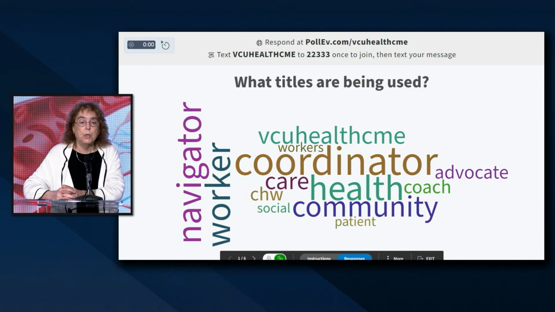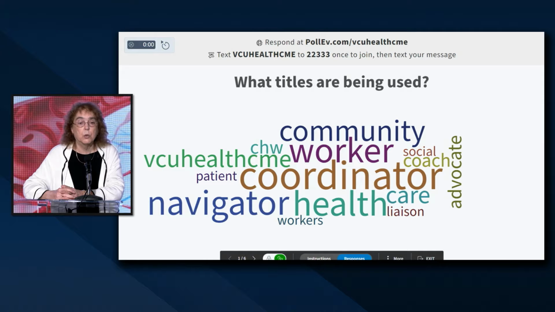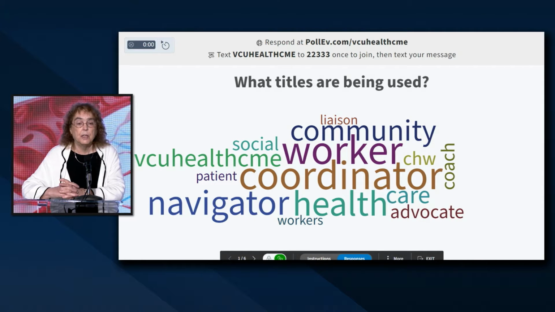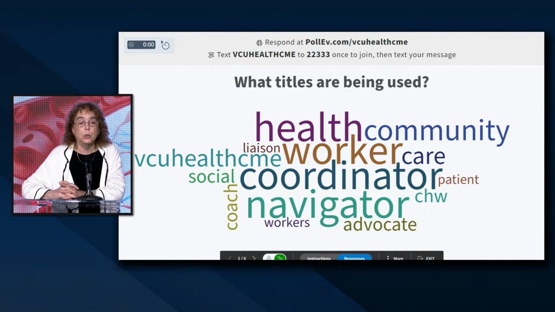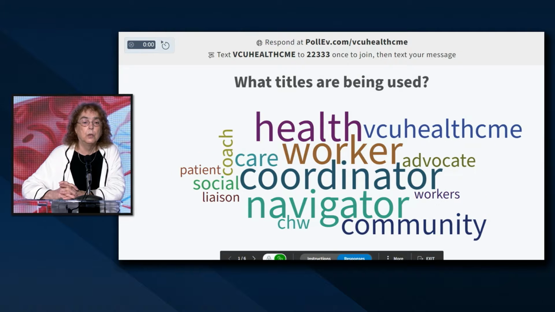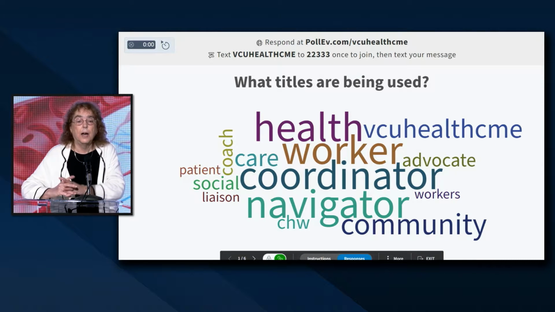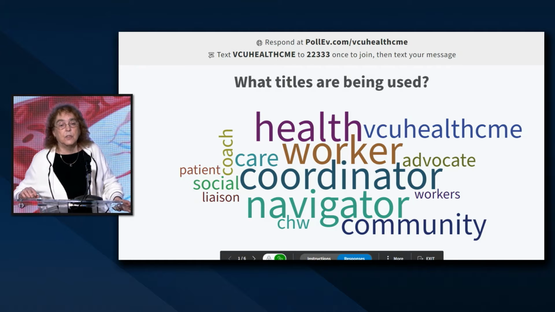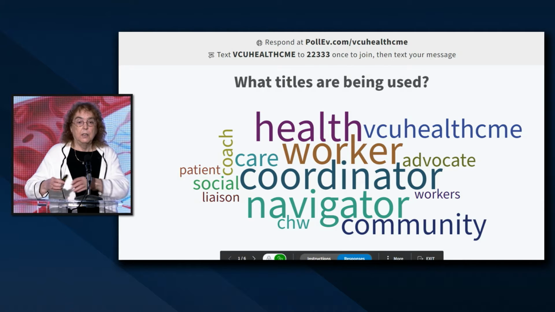Navigator, worker, community health. I see the word community, coordinator, advocate. Some of the same words get bigger, which means they're being used more. Coach is kind of little. Oh, social. All right, let's finish that and move on.